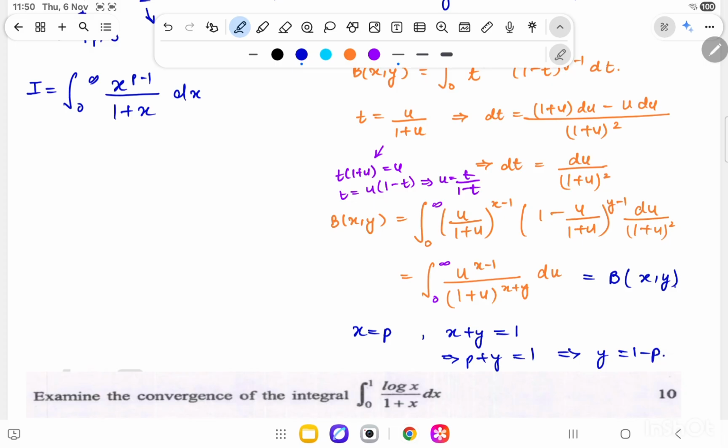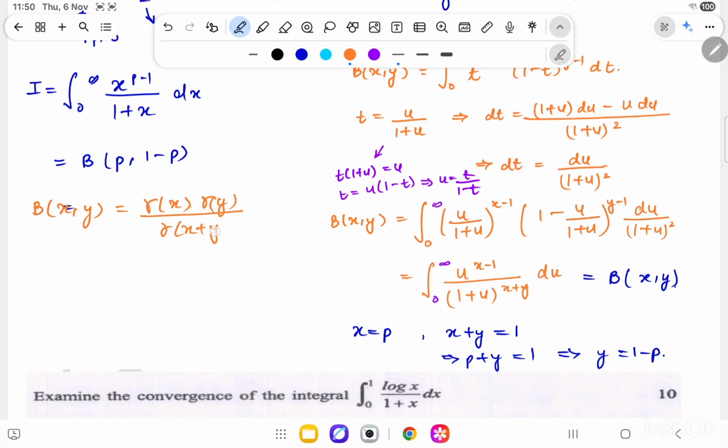So our integration I is basically beta(p, 1 minus p), and we know what the beta function is. The beta function beta(x, y) is gamma x gamma y divided by gamma(x plus y).